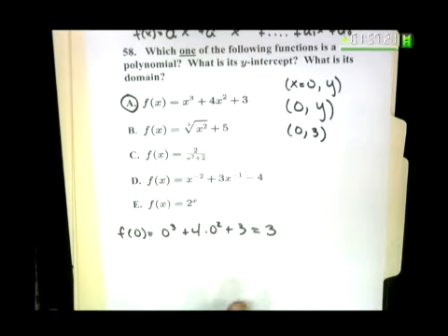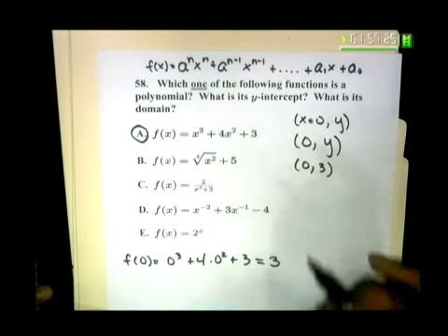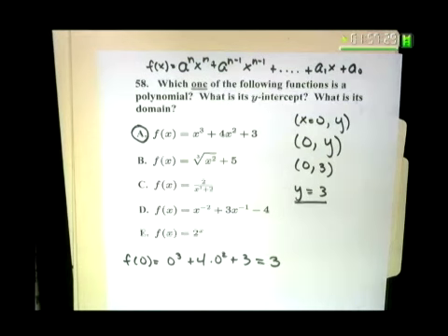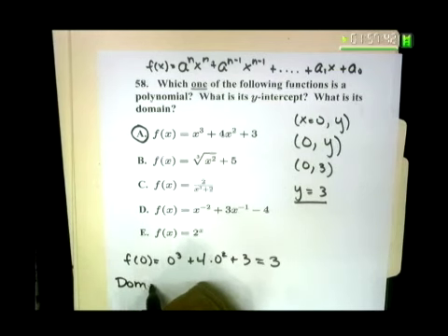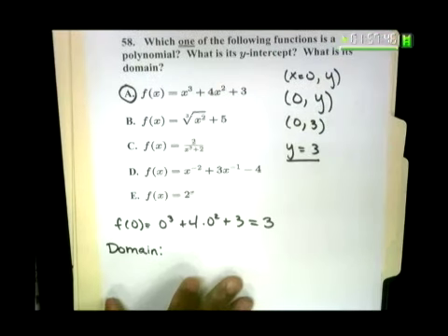And then the domain for any polynomial function would be negative infinity to infinity, or all real numbers. That's what makes it polynomial functions. The domain is those values of x for which the function is defined. We could either write it like this, or we could write all real numbers.